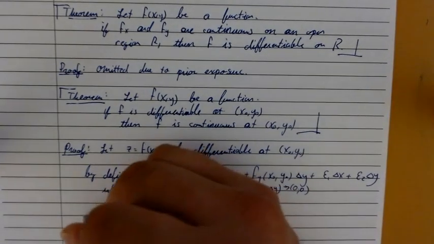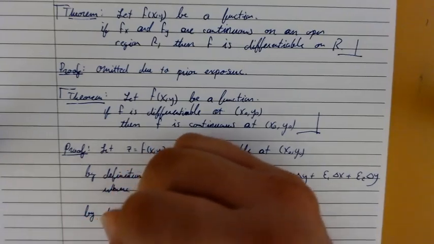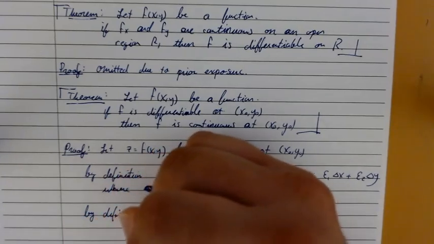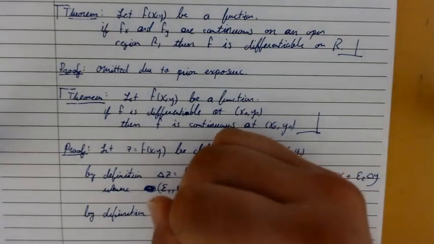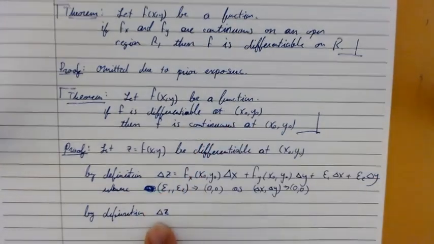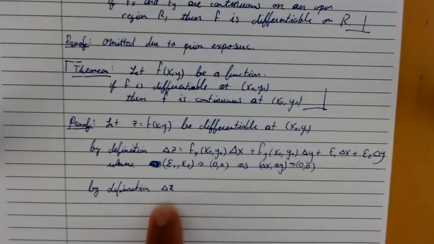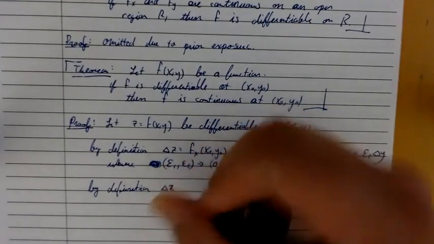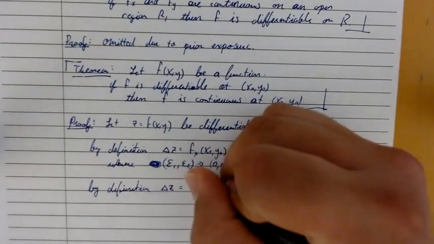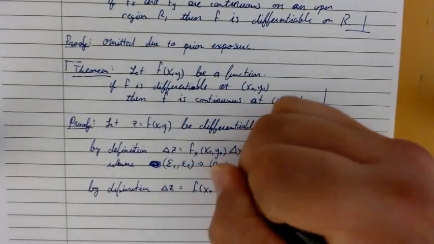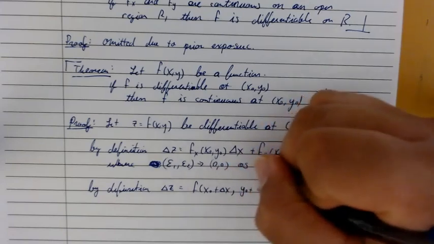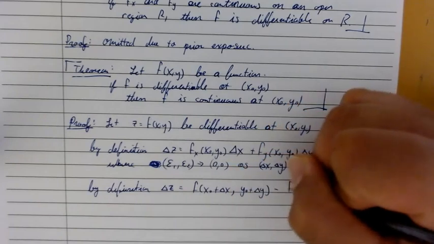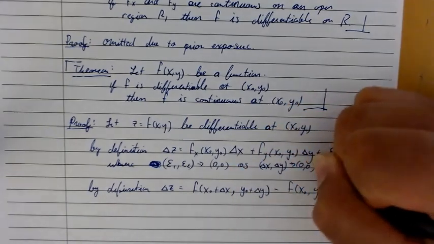Now, also by definition, so up here, this is by definition of differentiability. But now, just by the definition of what an increment is, the total increment delta z is equal to f of x naught plus delta x, comma, y naught plus delta y, minus f of x naught, comma, y naught.